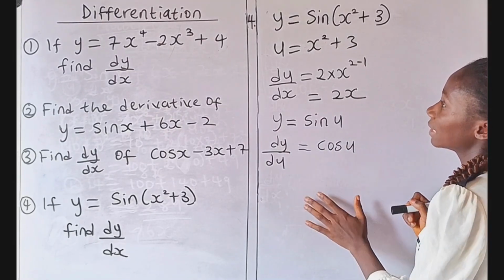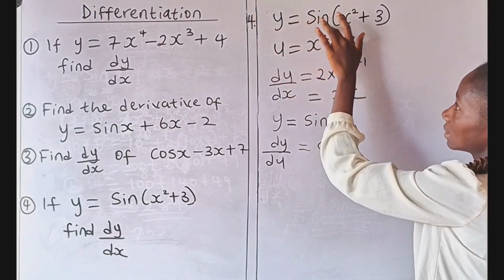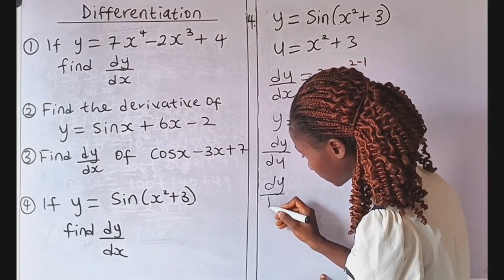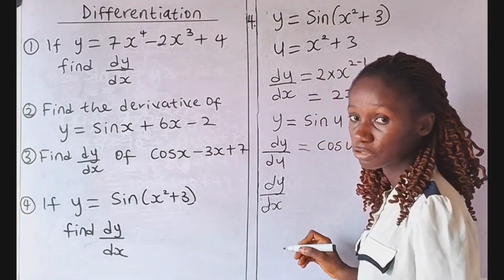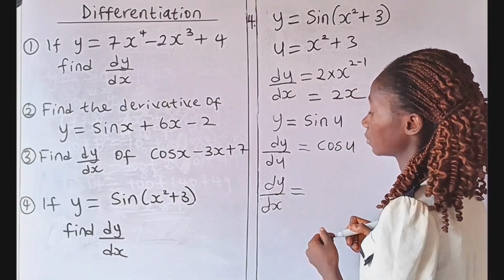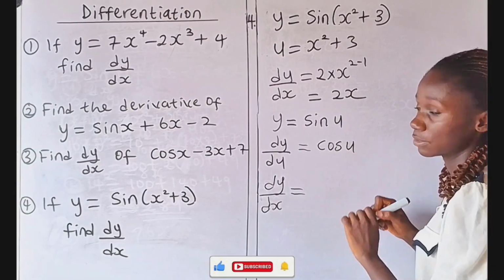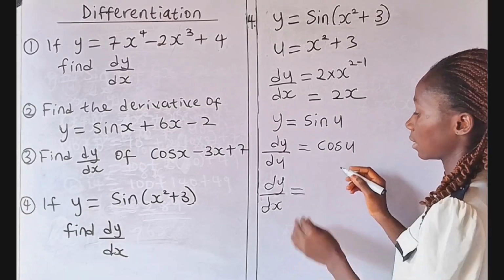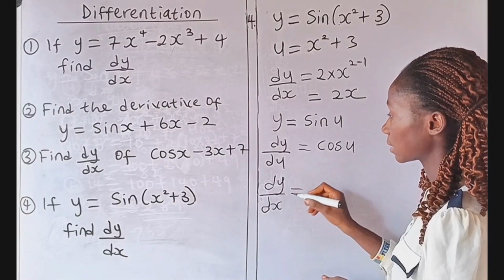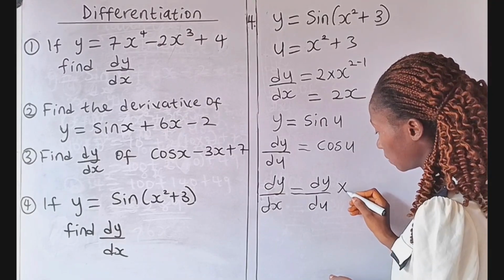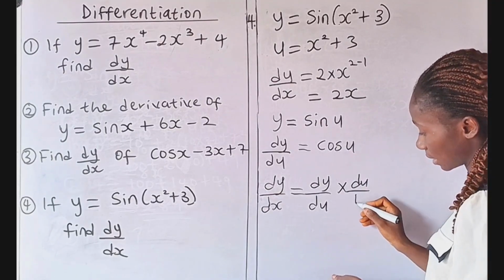So now how can we find the dy/dx of this expression given? This is where chain rule comes in. You have heard of chain rule before, or if you have not heard, just cool down, watch this video and you'll see what I'm talking about. The dy/dx is simply the dy/du multiplied by du/dx.